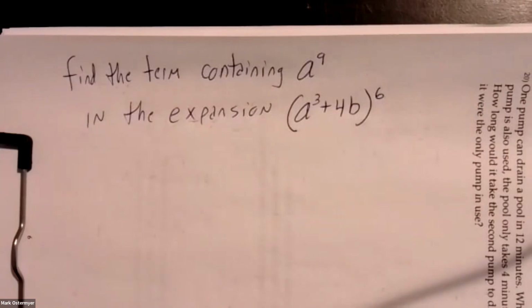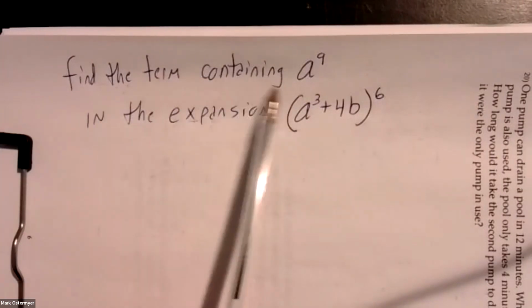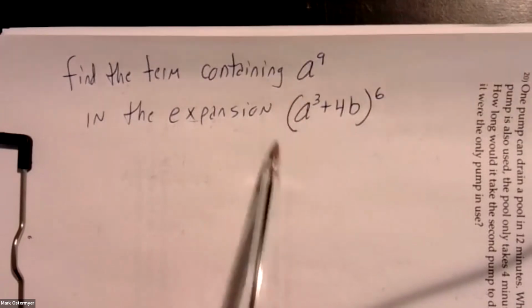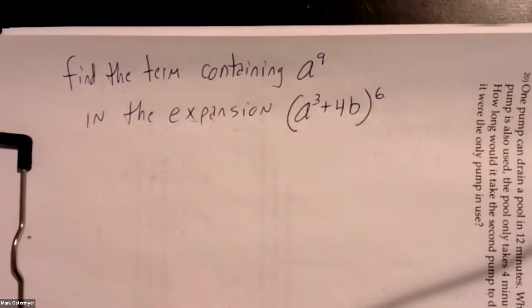They want us to find or determine the term that would contain a to the 9th power in it for this binomial expansion. How are we going to do that?